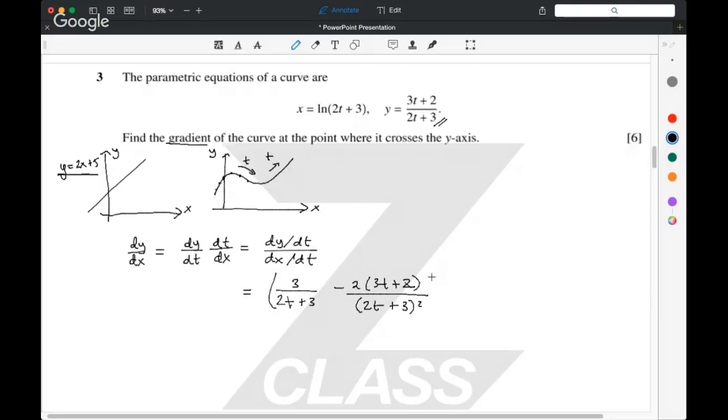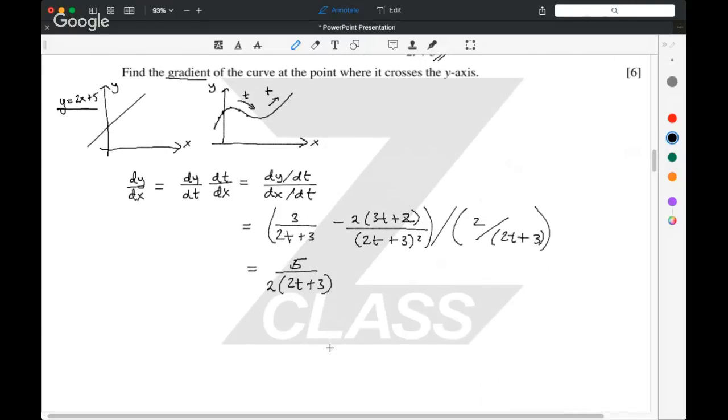So that's our numerator. And then we divide it, and the x one's much more straightforward. It's just 2 over 2t plus 3. Now you're going to juggle this around, you're going to play with it, and it's worth doing it because you get something very simple, which is 5 over 2 all times 2t plus 3.